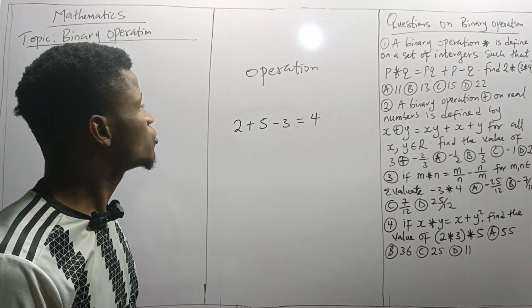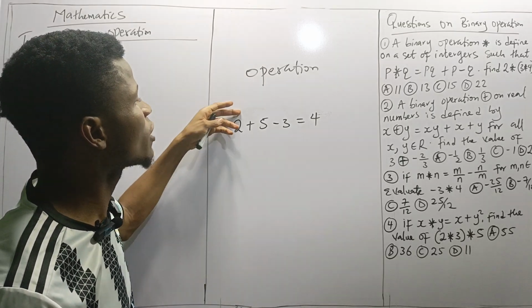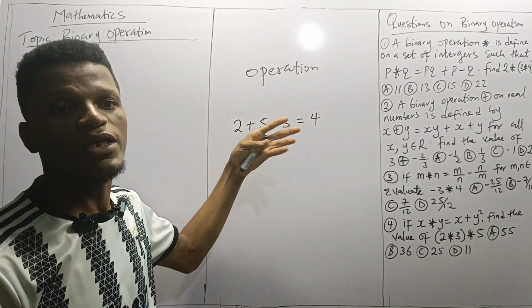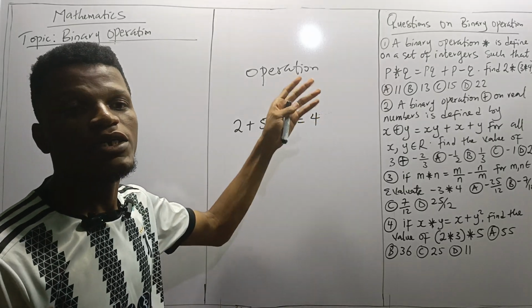All right. So this is the basics of operation. Operation is a process of combining two or more elements, for example numbers, of a given non-empty set to produce a particular element.